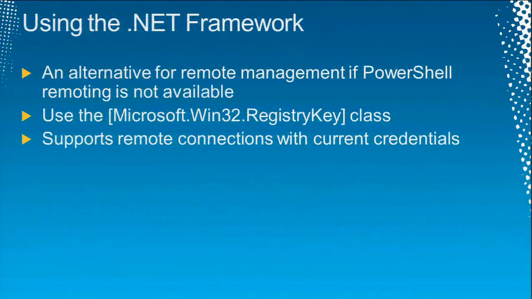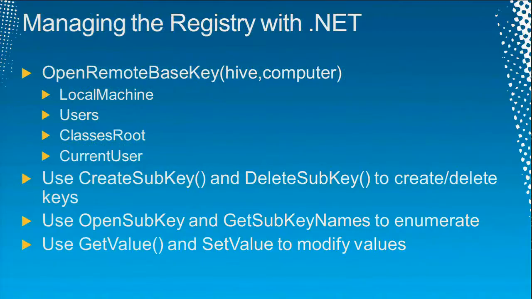Local machine, users, classes, root, which you could get through another way. That's just a shortcut anyway. Probably the big thing would be users. So if for some reason you wanted to get to the users hive, you would have to use the .NET Framework or WMI, which I'm going to show next.